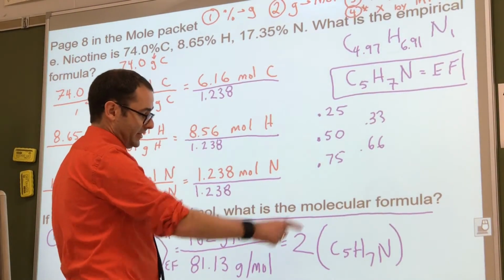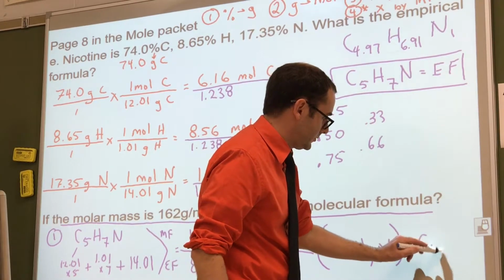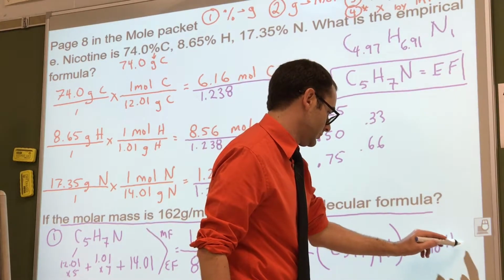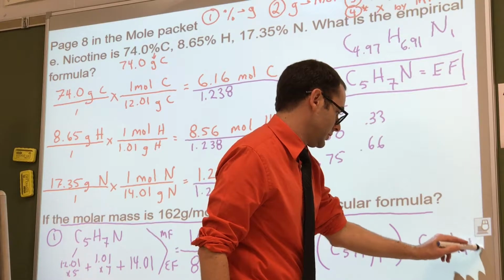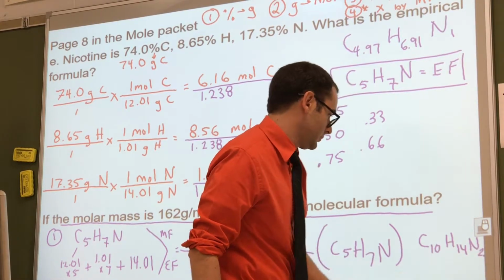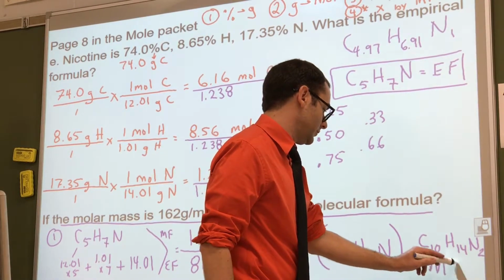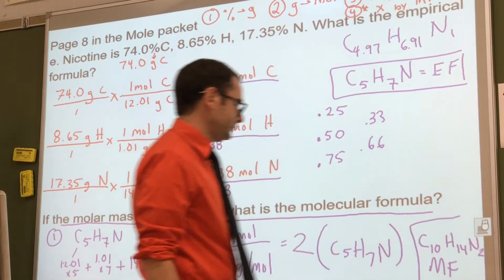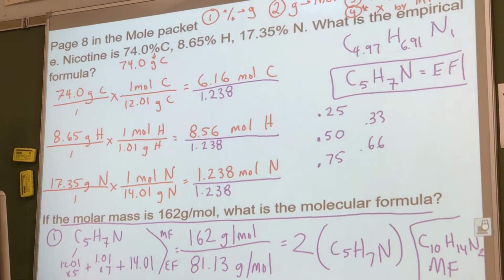So that's going to make this now C10H14N2. And that's going to be our molecular formula. Okay, so we figured out the empirical formula, and we figured out the molecular formula by doing all of these steps.